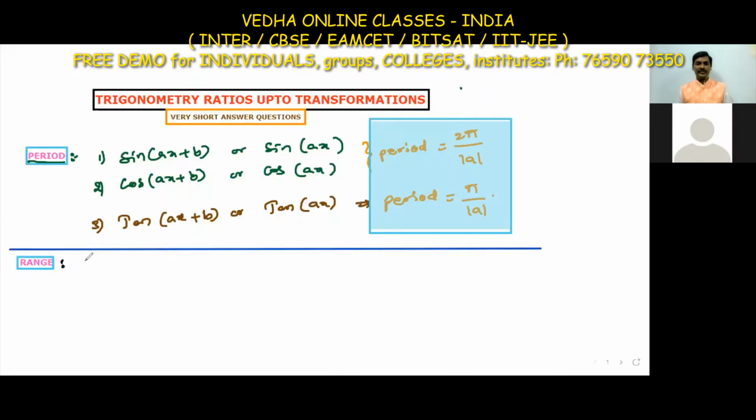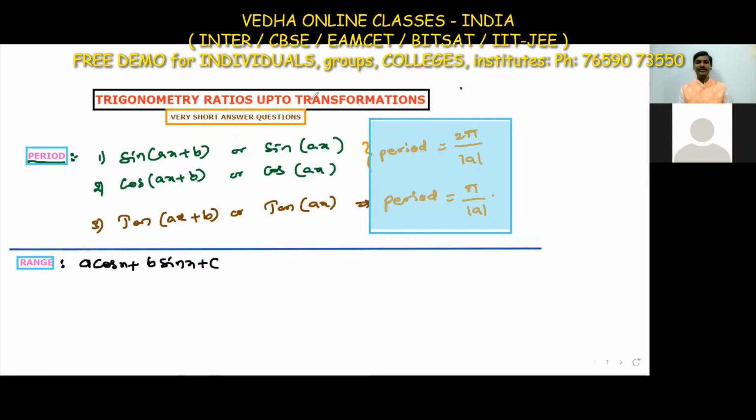Here for example, f of x is equal to a cos x plus b sin x plus c is a function. This is a function f of x. Then what is the formula for finding the minimum value, maximum value, as well as range?